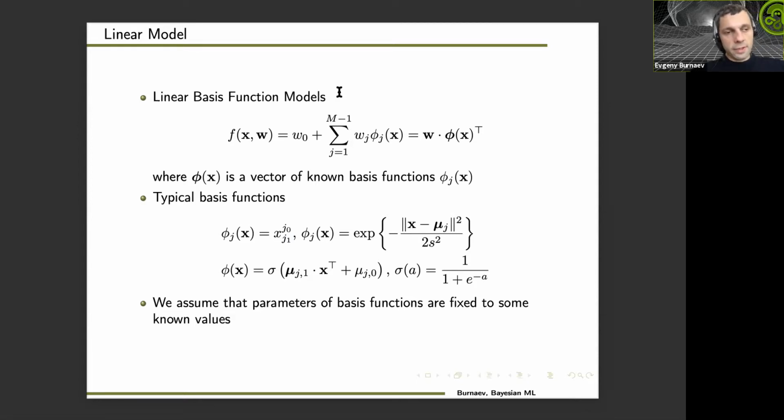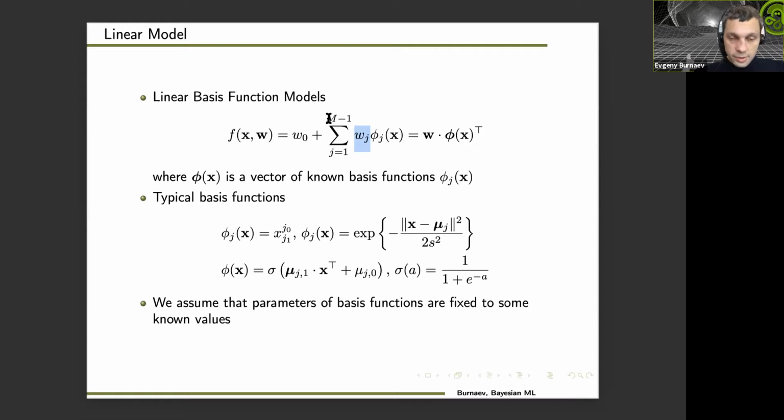And if that degree is too big, then we can overfit to the data set. And so the predictive ability of the model will be very low. So we need not only to estimate the parameters W, but also to tune the number of basis functions. Of course, we can do this simultaneously, and we would like the model to be as simple as possible with the same level of error.